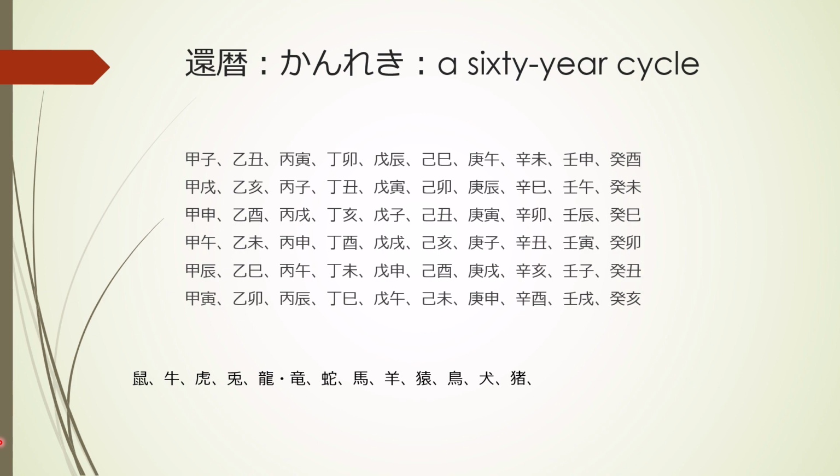It wasn't until the Han dynasty around the 1st century that there's evidence of the animal association. And if you look at all the kanji we have here for animals, so nezumi, ushi, tora, usagi, tatsu, whatever, they're not the kanji that are typically used to represent those animals. That we can see down the bottom.